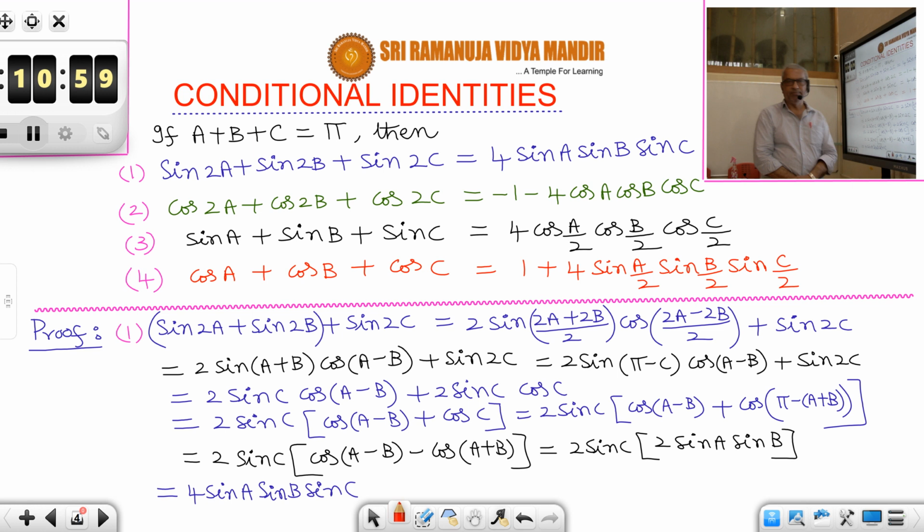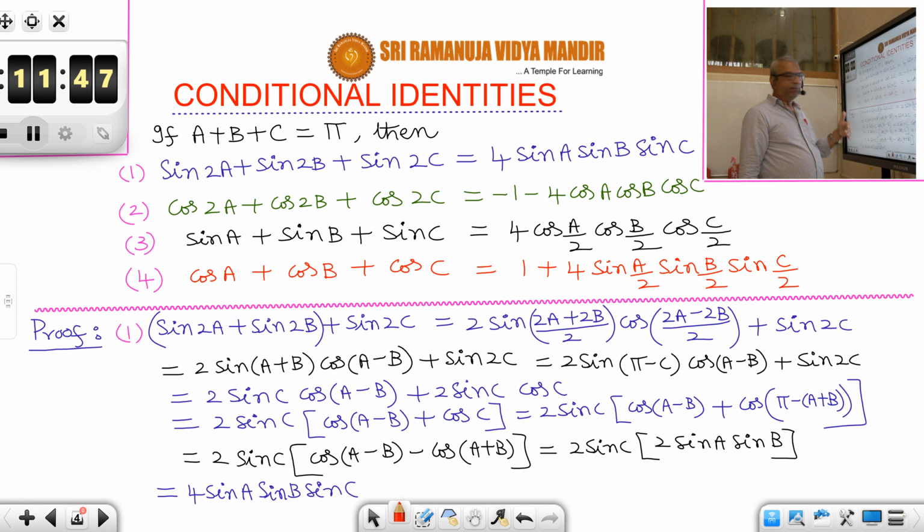First one: sin 2A plus sin 2B plus sin 2C is equal to 4 sin A sin B sin C. Second one: cos 2A plus cos 2B plus cos 2C is equal to minus 1 minus 4 cos A cos B cos C. Third one: sin A plus sin B plus sin C is equal to 4 cos(A/2) cos(B/2) cos(C/2). Fourth one: cos A plus cos B plus cos C is equal to 1 plus 4 sin(A/2) sin(B/2) sin(C/2). So please, I advise you to memorize these 4 formulas. These are very important. You should just memorize them.